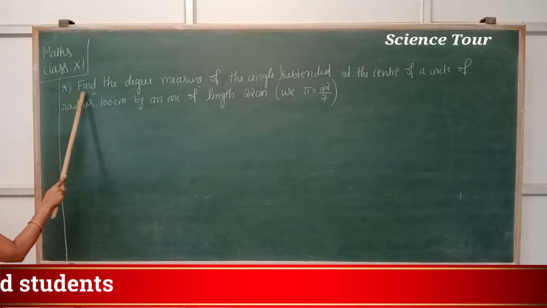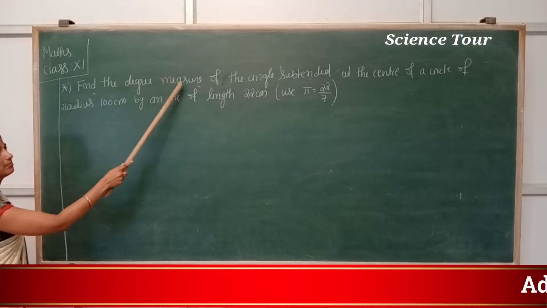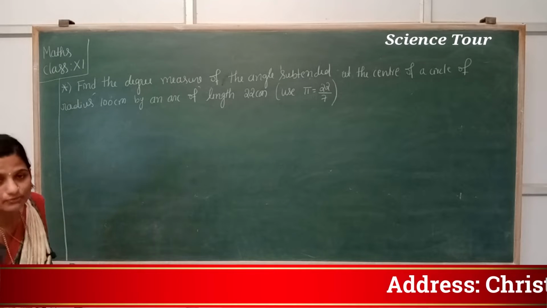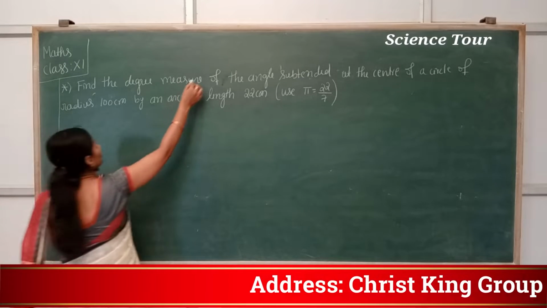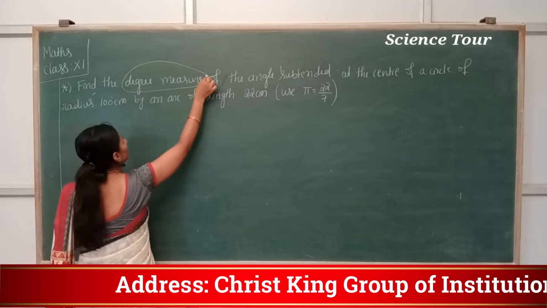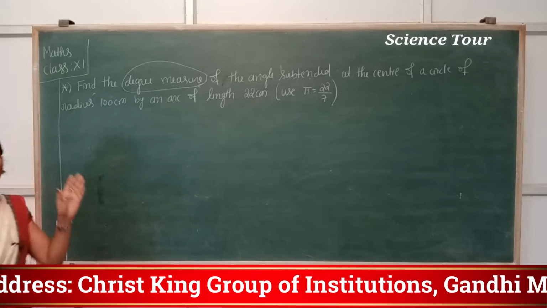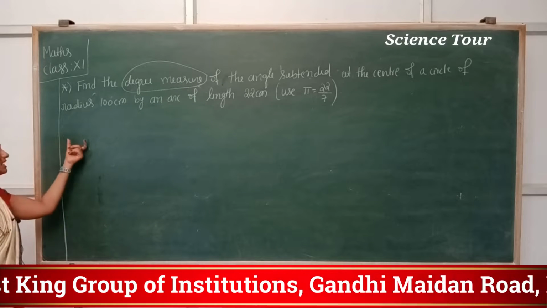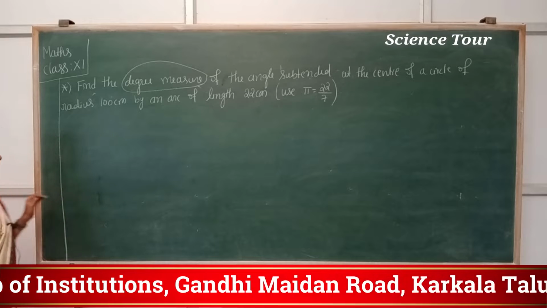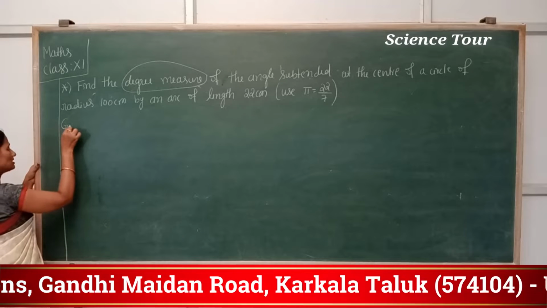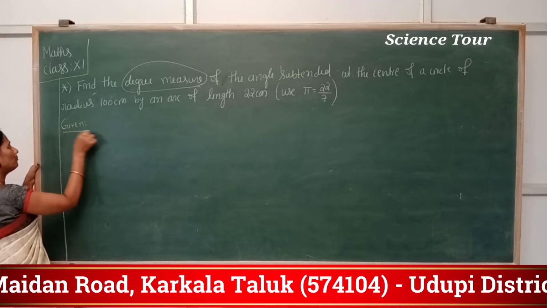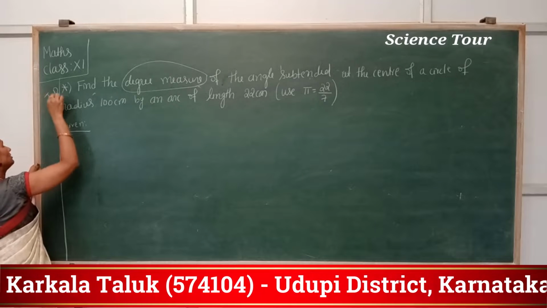What to find here? Find the degree measure of the angle subtended at the center, so theta is equal to question mark. First we will write what is given, which is important for 2 marks.